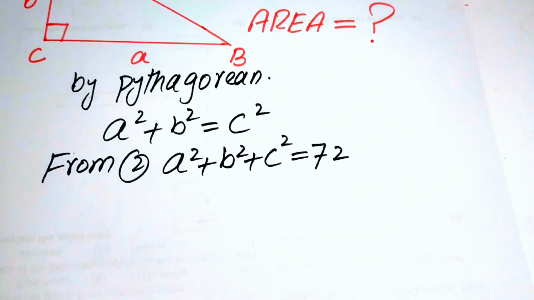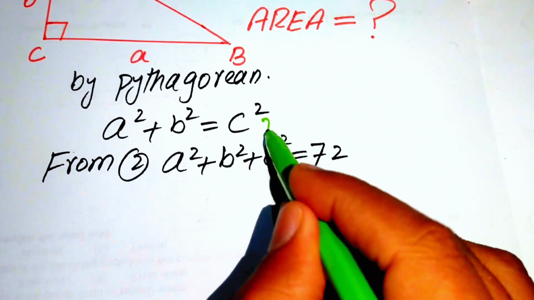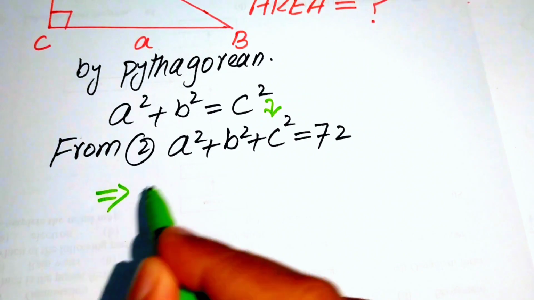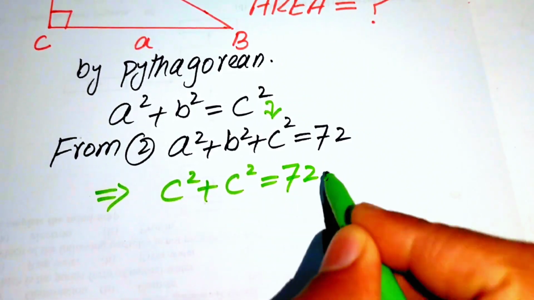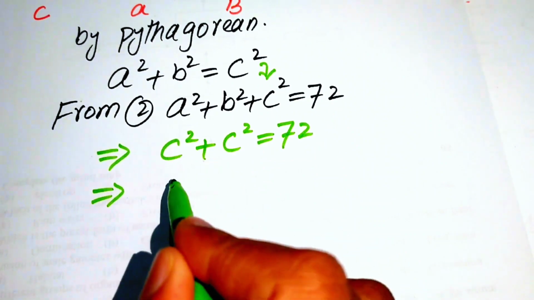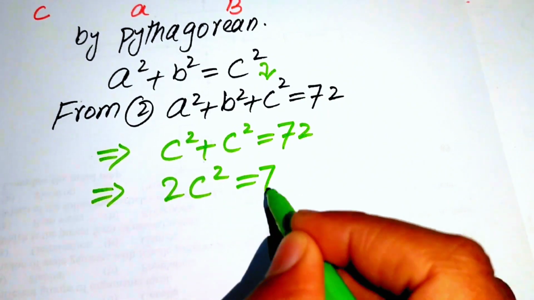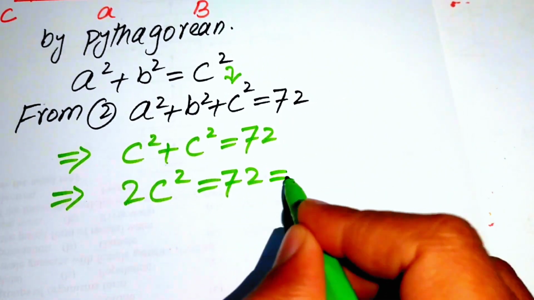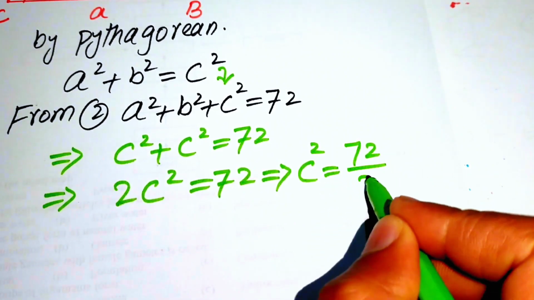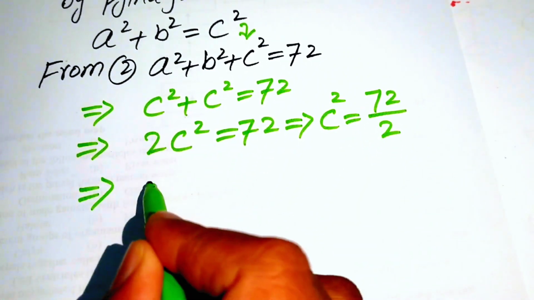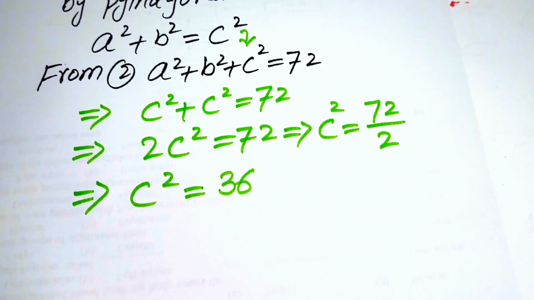We put a square plus b square equals c square, and we get c square plus c square equals 72. Adding, we get 2 times c square equals 72, so c square equals 72 over 2, which becomes 36.